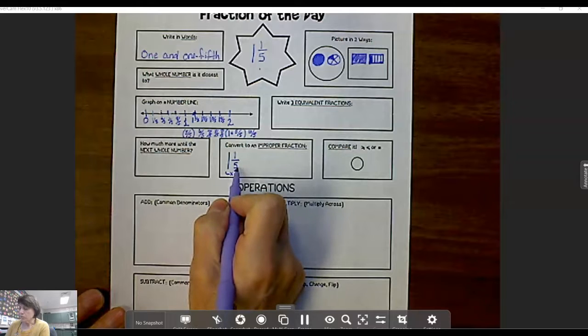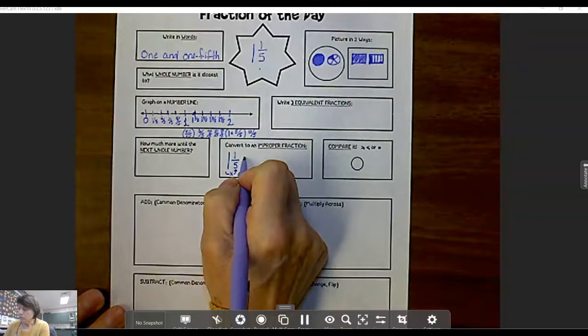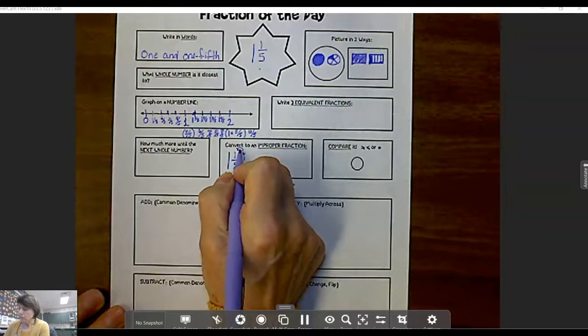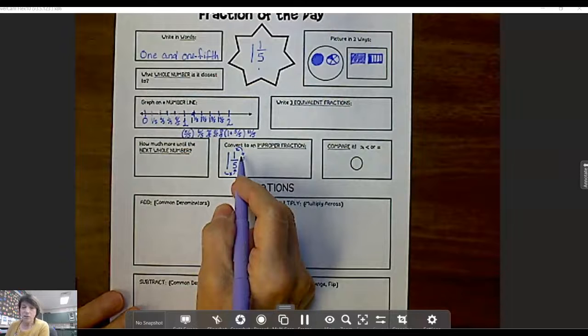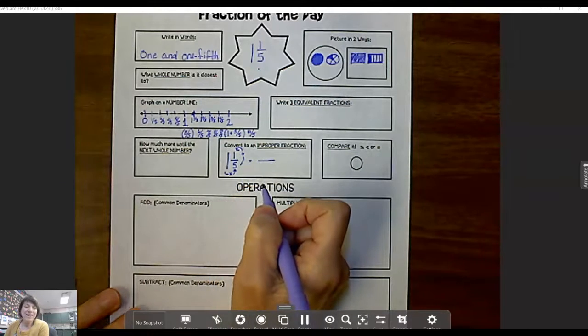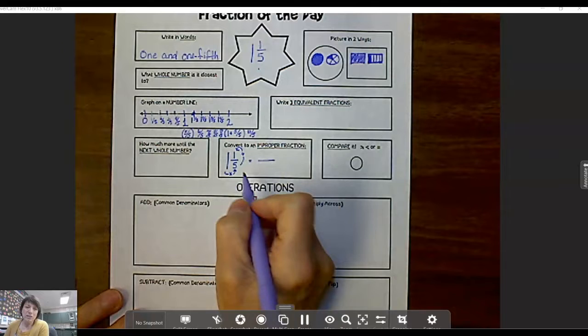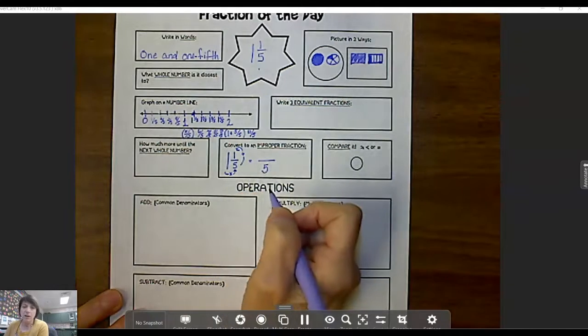So we're going to do 1 times 5. And then we're going to keep going around in this circle, but instead of multiplying times the numerator, we're going to add the numerator. So it's multiply times the denominator, add the numerator, and that will give you the new numerator. And as happens so often with fractions, we're going to keep the same denominator. So the denominator is not going to change. That denominator is going to stay at 5.